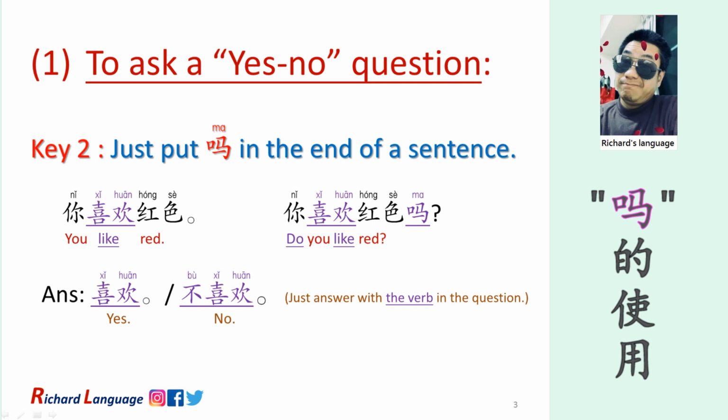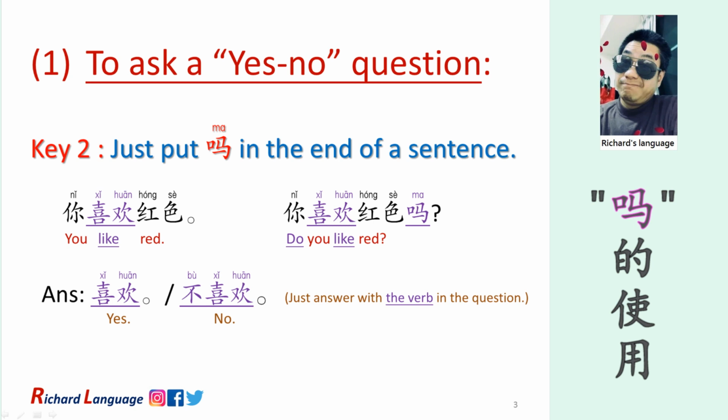I think it is much easier than English. Okay, then how do we answer this question? Just like what I said, you just find the verb in the question. What is the verb? Yes, 喜欢, like, is the verb.